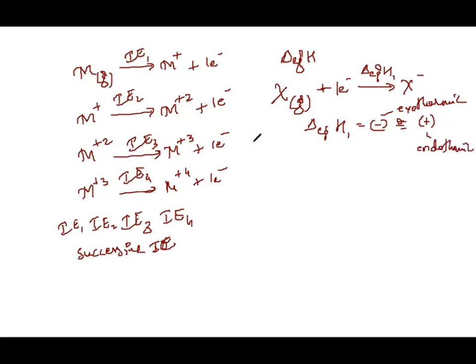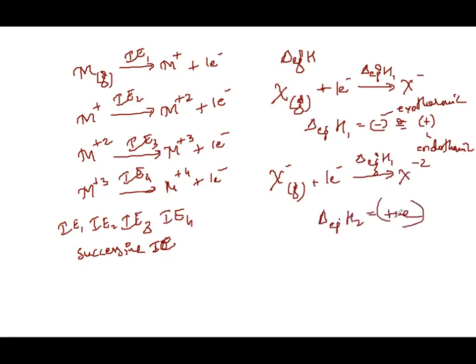So suppose I have an X minus ion, a gaseous ion, and I want it to gain one more electron. I will apply electron gain enthalpy to make it X 2 minus. Do remember, the second electron gain enthalpy is always positive.